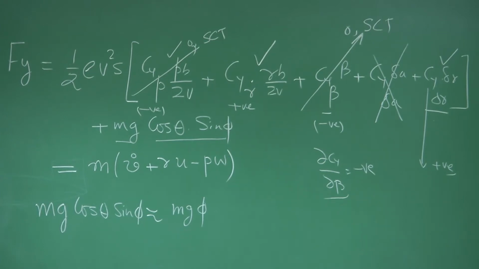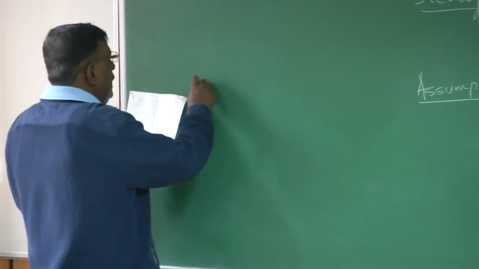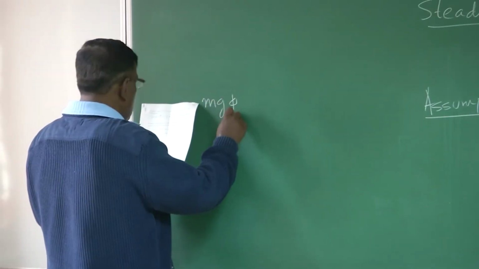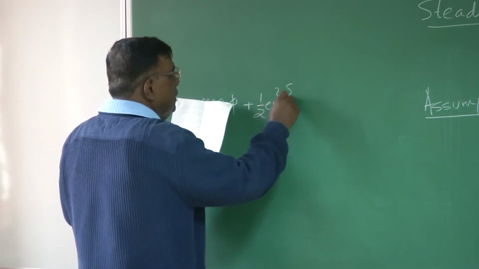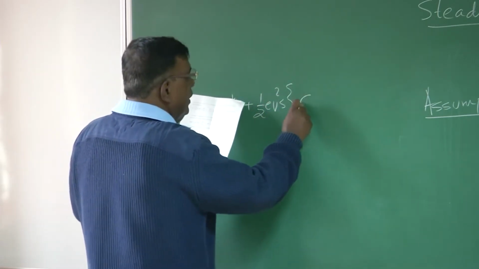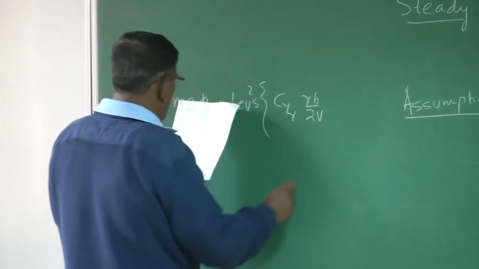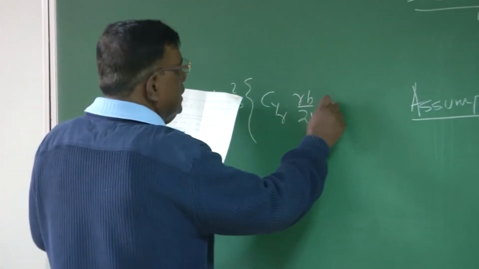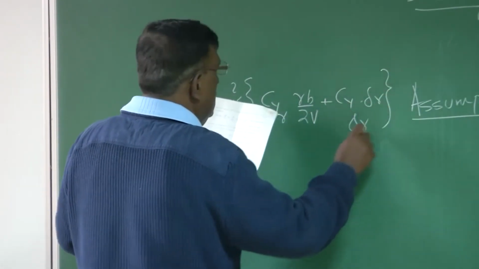So finally, if I do these assumptions, my equation becomes mg phi plus half rho v square S into Cy r into R b by 2v plus Cy delta r into delta r.